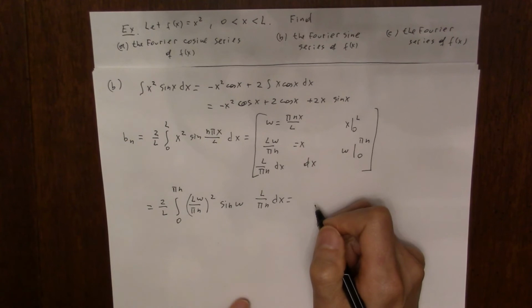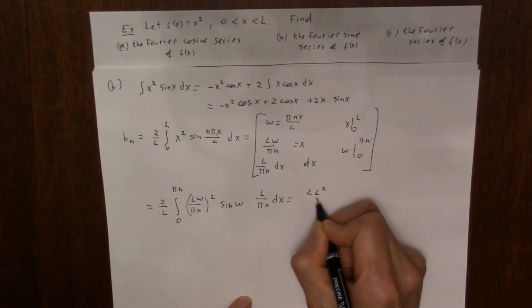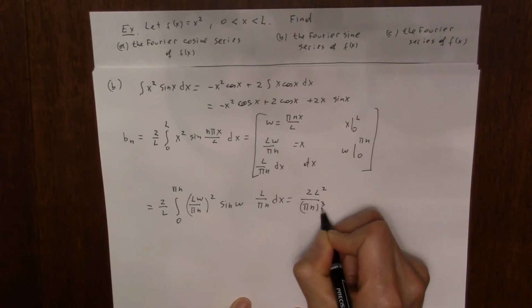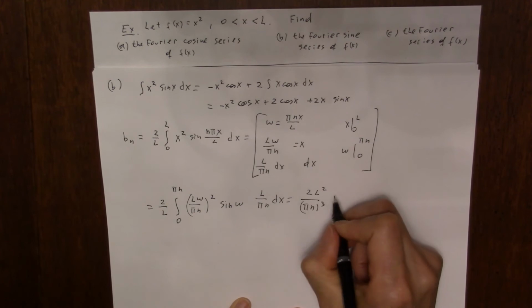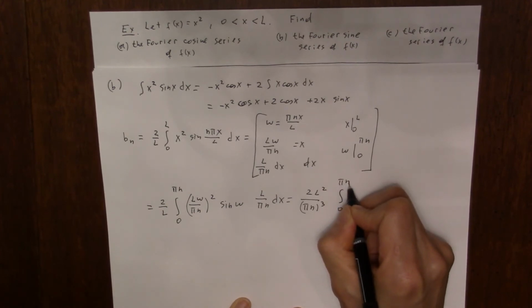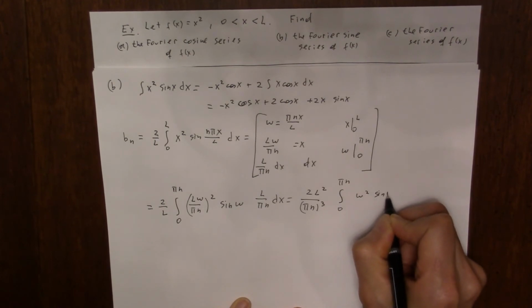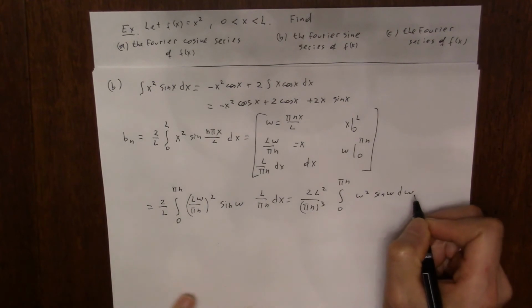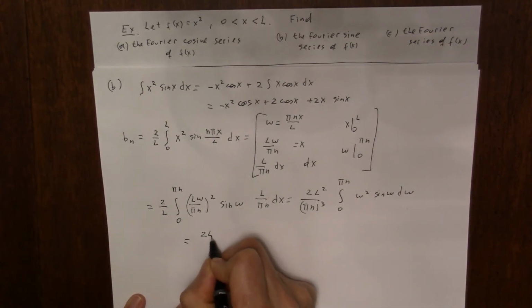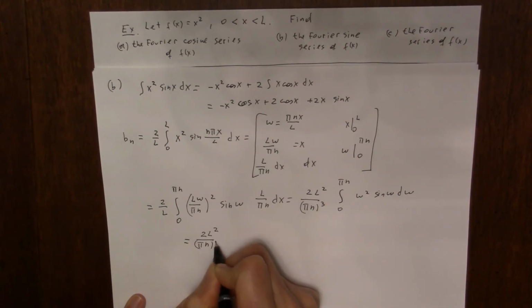So we're going to get 2L squared over pi n cubed integral from 0 to pi n W squared sine of W dW.